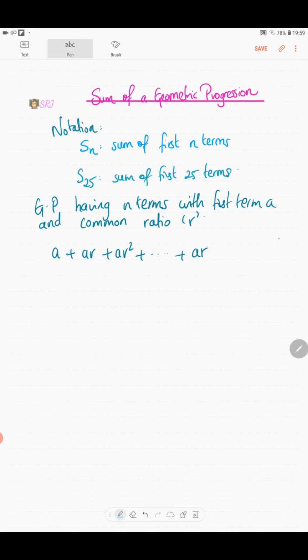The formula is AR power n minus 1. So we have to add all these terms to obtain Sn, the sum of the first n terms.